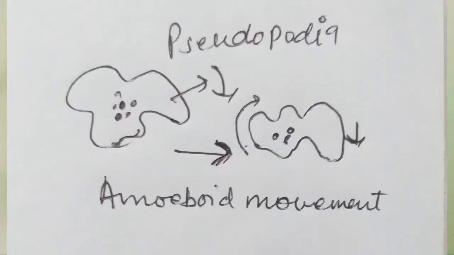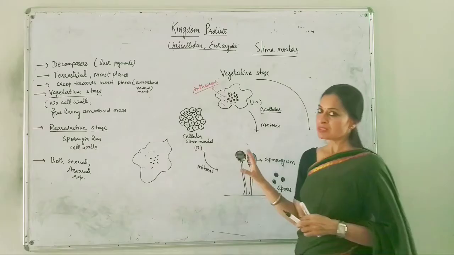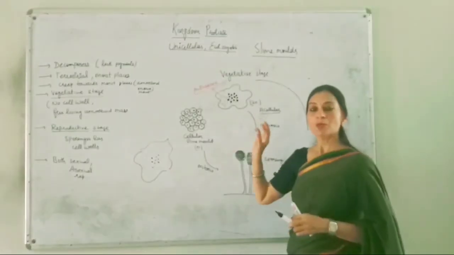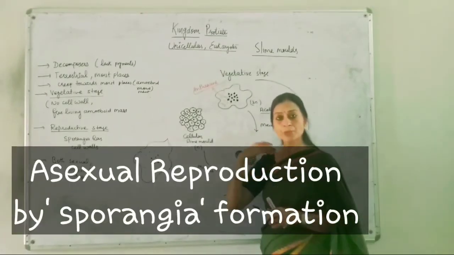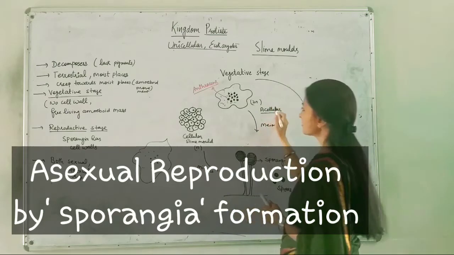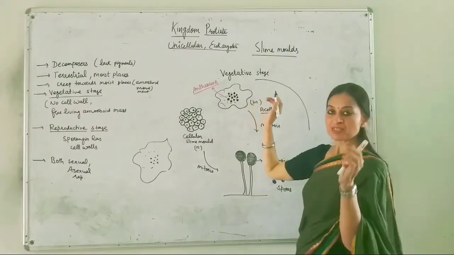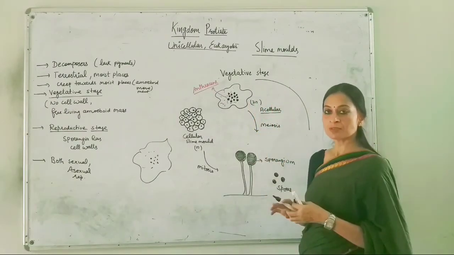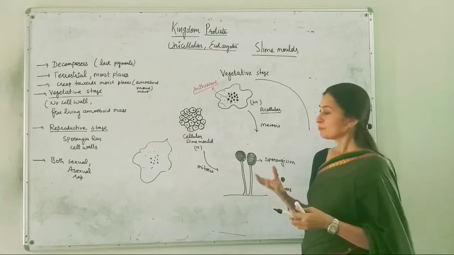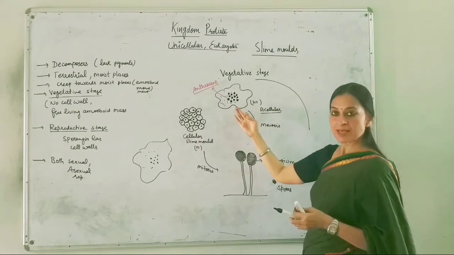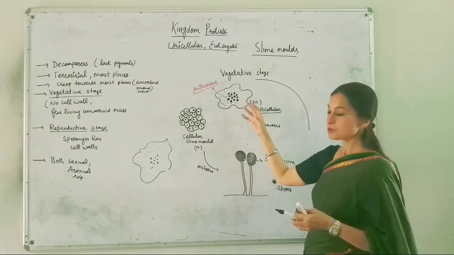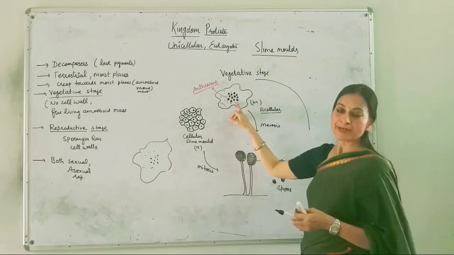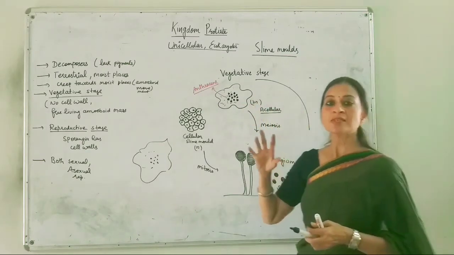Now, when their reproductive phase starts, how are they going to reproduce? The acellular form, having the multinucleated structure, this protoplasm is diploid in nature, meaning each nucleus is diploid.